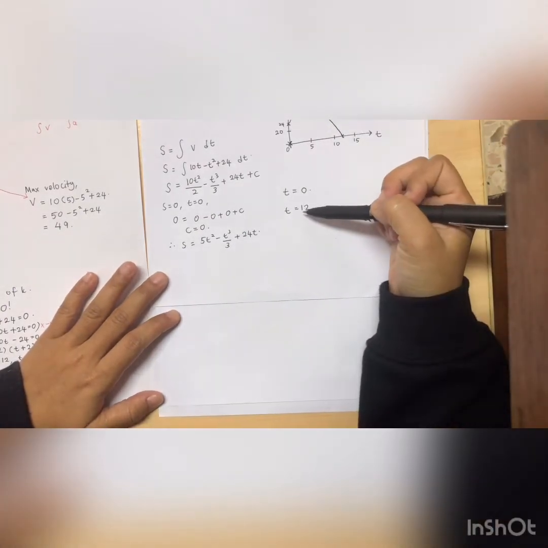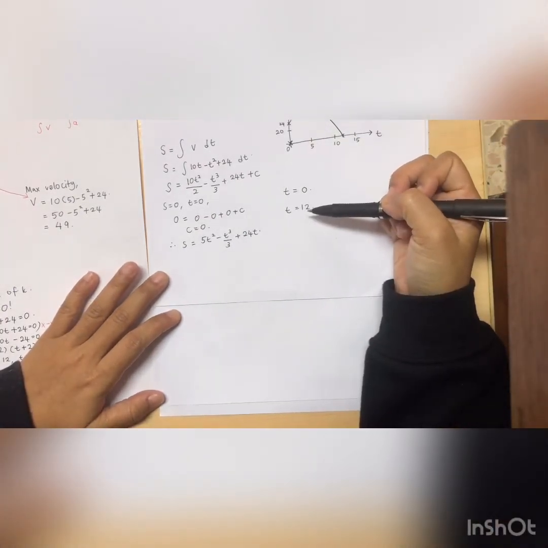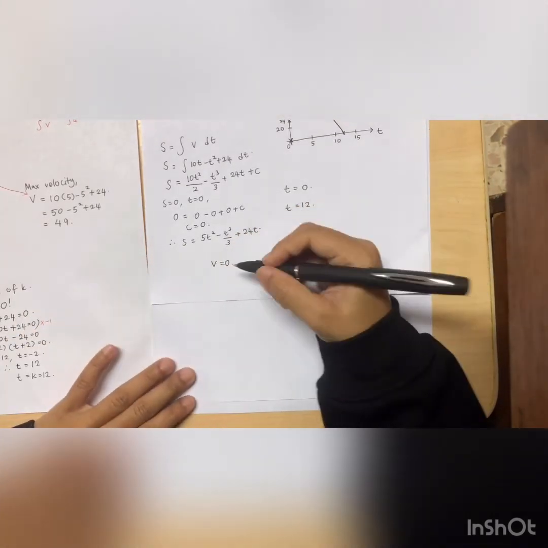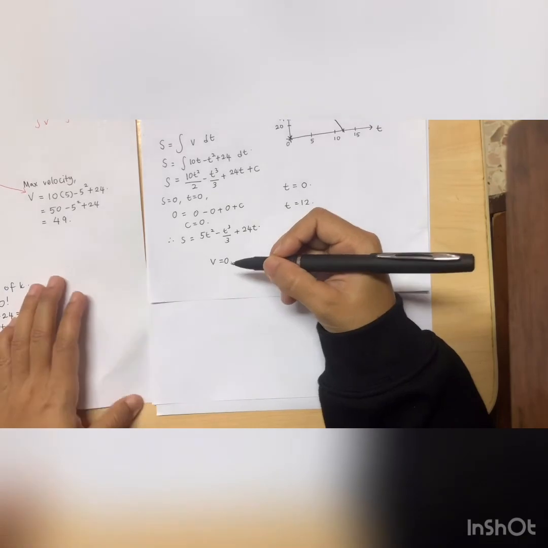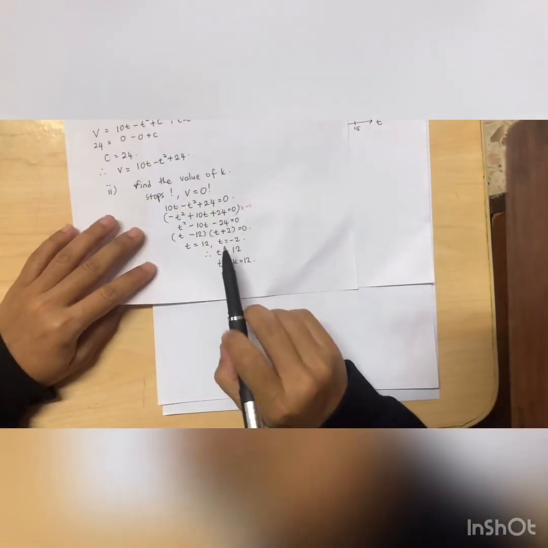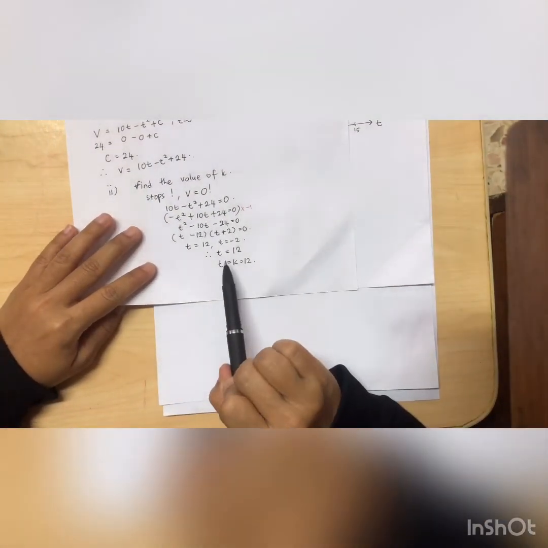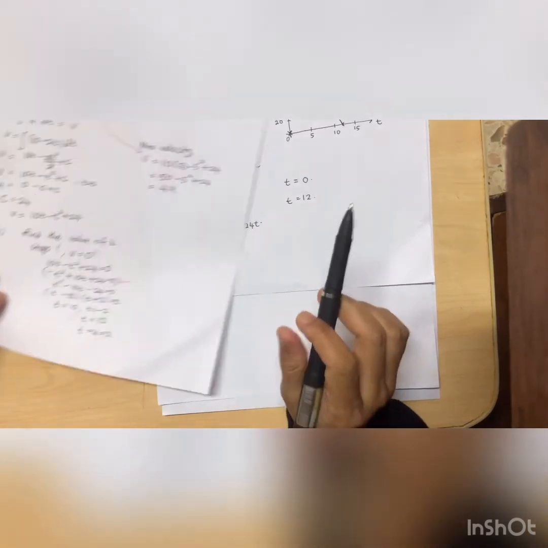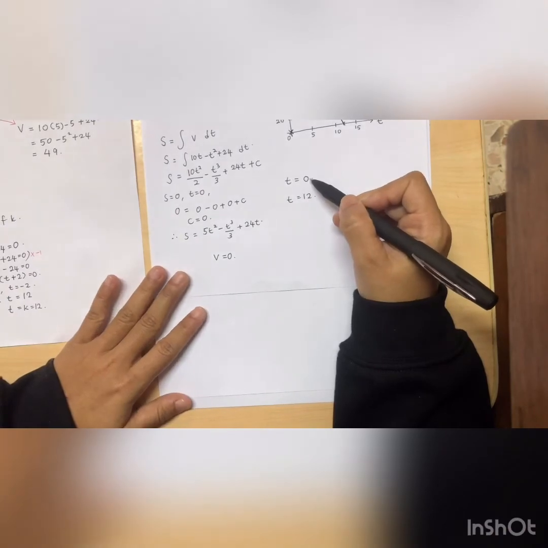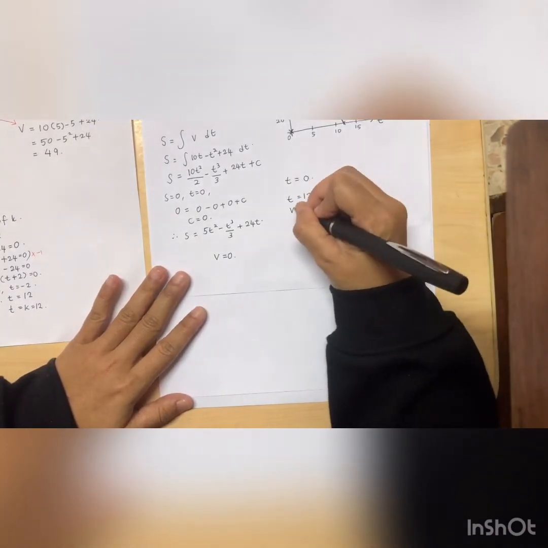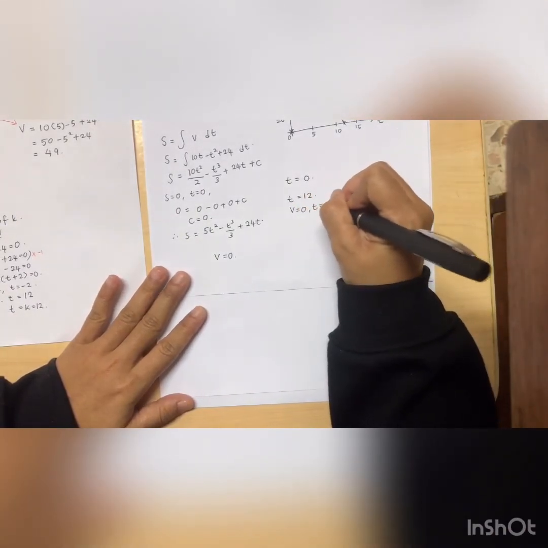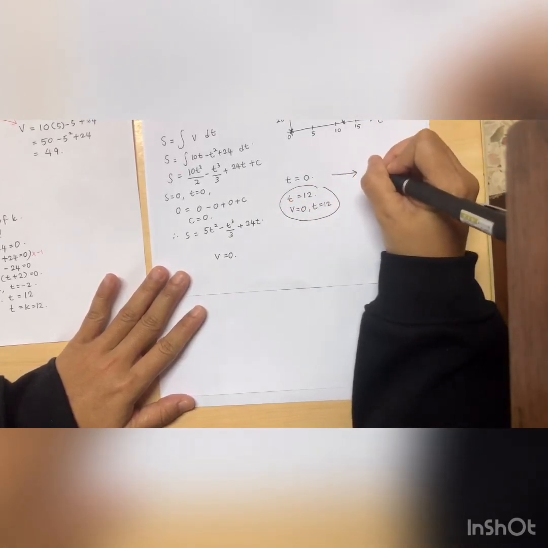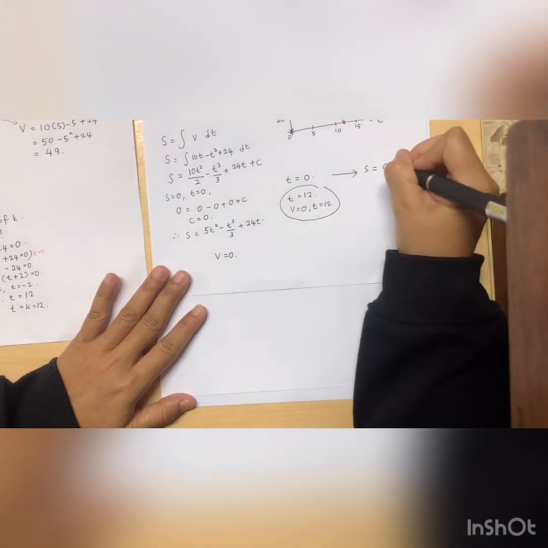To find the maximum value of displacement, v must be equal to 0. So what is the value of t when v equals 0? Just now we got v equals 0 when t equals 12. So we have 0 and 12 already, so we don't need to find v at 0. So when t equals 0, our s equals 0 as well.